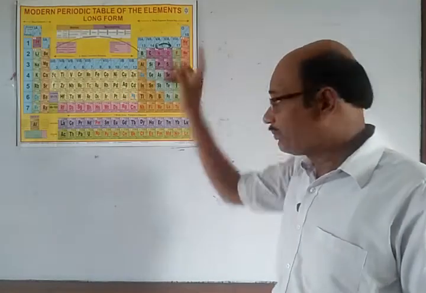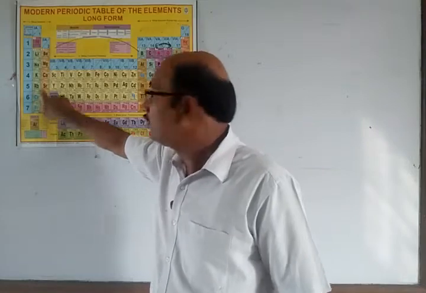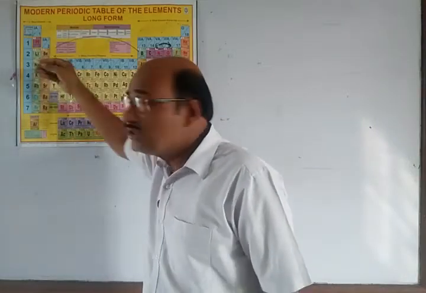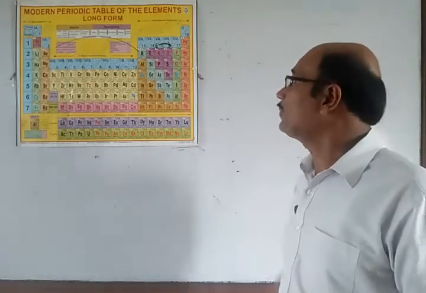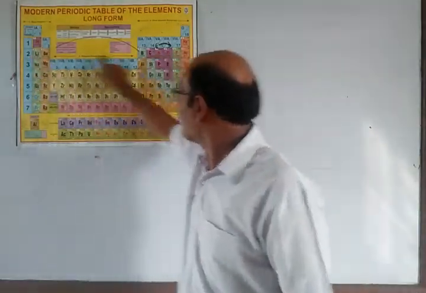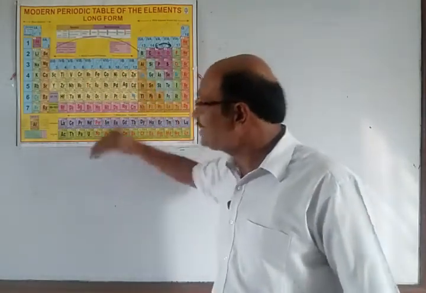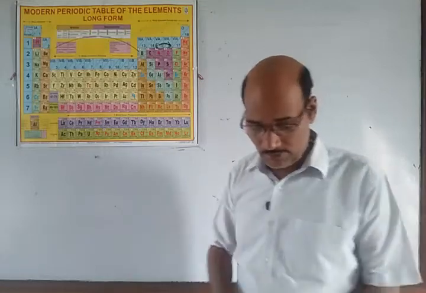Number 3, group elements have almost zero electron affinity. Number 4, the electron affinity of elements of the second period is always less compared to the third period. Then after it decreases.